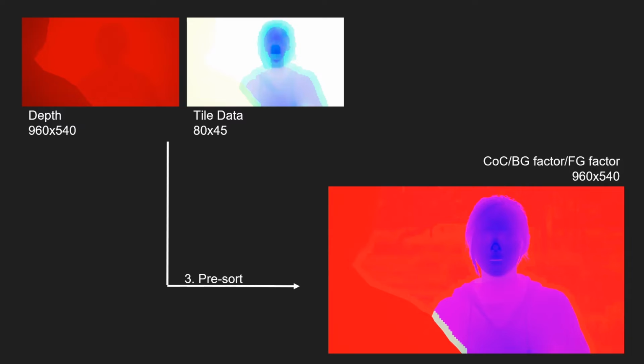We then compute a pre-sort buffer which contains a layer contribution fraction of each point for the foreground and background layers based on its depth and the minimum depth in the tile. If a given point's depth is much larger than the minimum depth in the tile, it is considered to be a background pixel. This pre-sort buffer also stores the COC value at each point for later computations, so that we can pull the relevant data from one buffer.